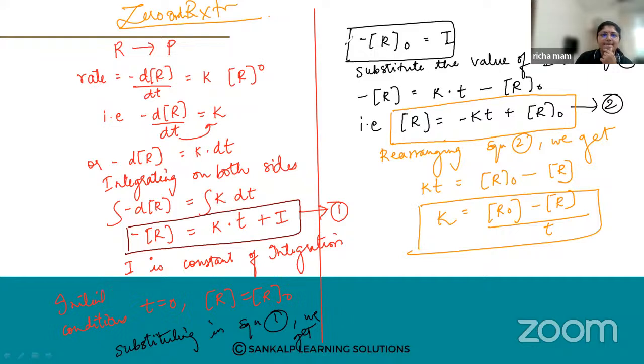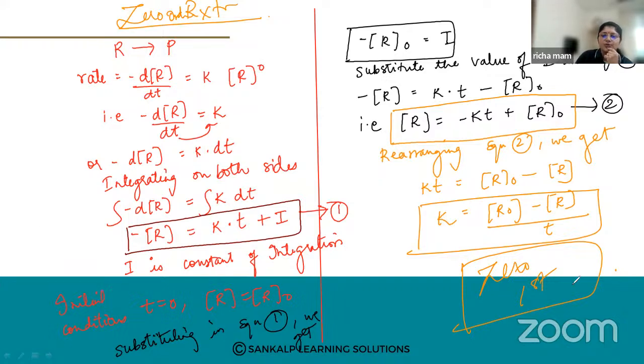Is it clear? So both zero order and first order you have to practice today. Write it two to three times and you will understand. First see and write, one time, two times, and then practice without seeing. It will be clear.